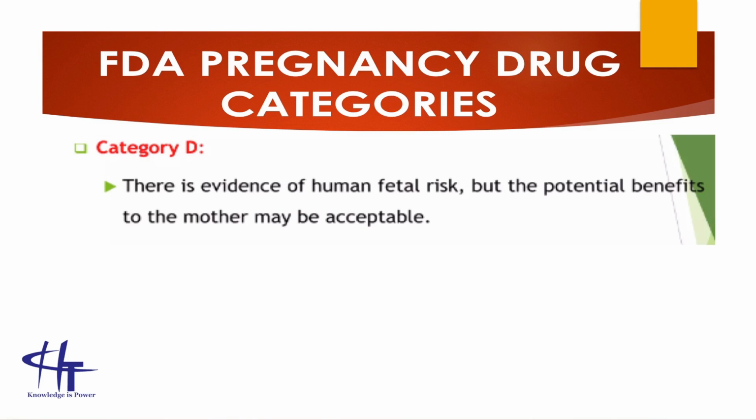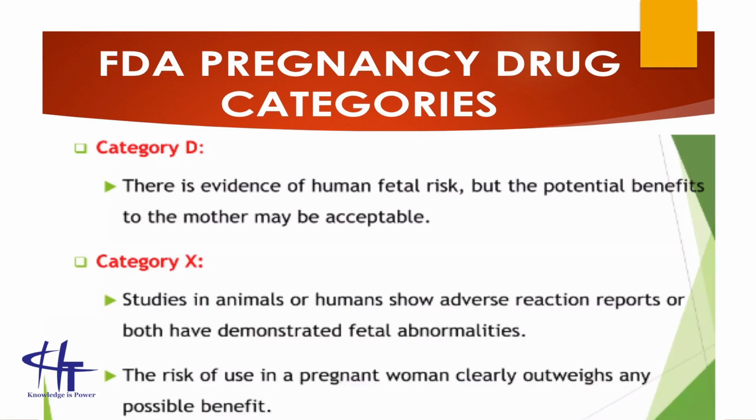However, for their advantage, they can be used. Of course, they may not necessarily be started in the first trimester, but maybe in the second and third. And so, in category D, we saw that they can be used for their potential benefit to the mother.